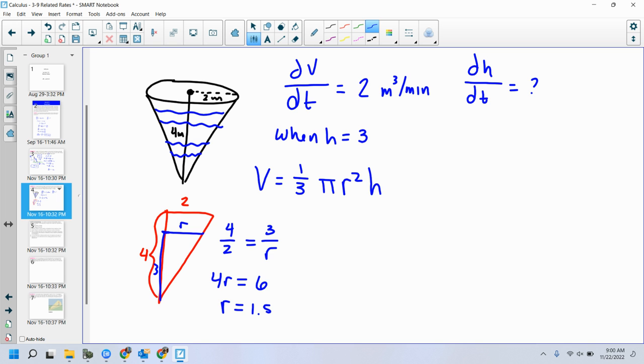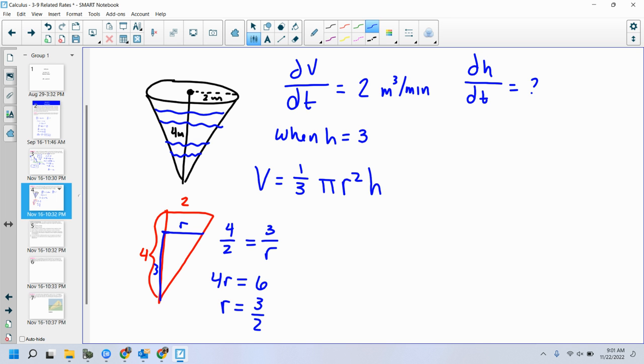Let's say 1.5. You know what? I lied. Let's do 3/2, because I've got a fraction in here, and I think I'm going to need to use fractions.